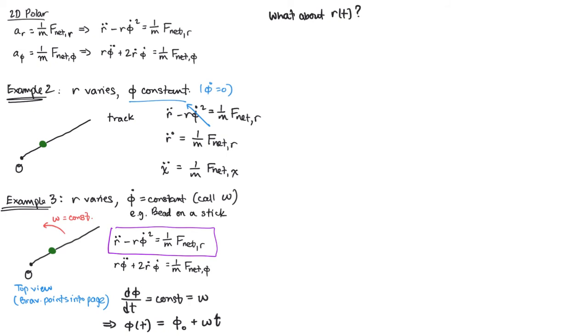All right, so we have Newton's second law in the radial direction, which is r double dot minus r phi dot squared is equal to 1 over m times the net force in the radial direction.